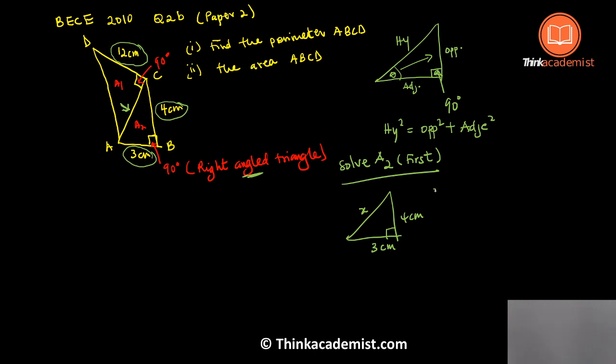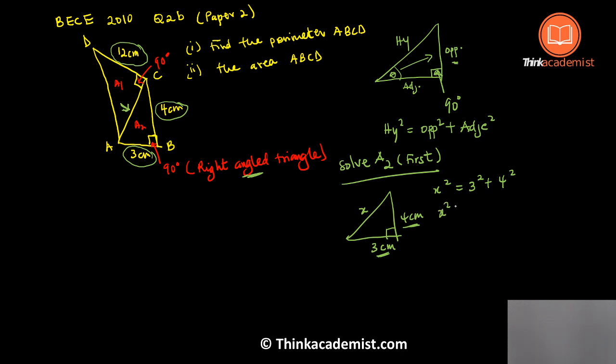So x squared equals 3 squared plus 4 squared, because the 4 represents the opposite. Remember, addition is commutative, so we can write it any way and it won't change the value.